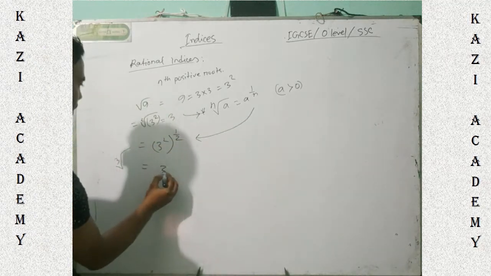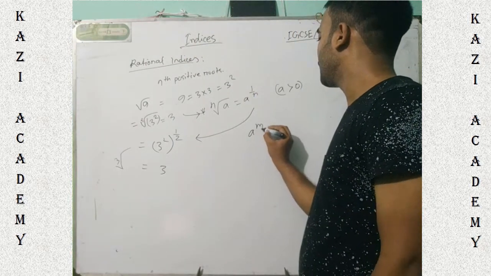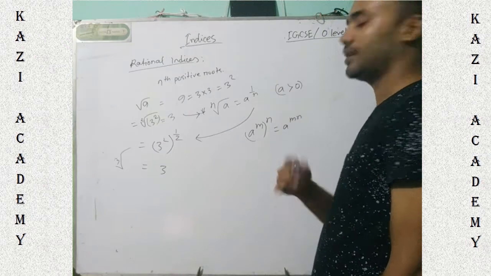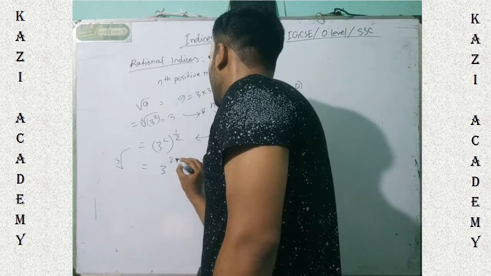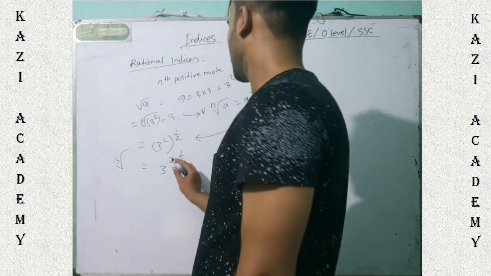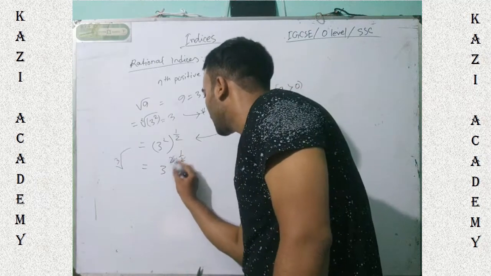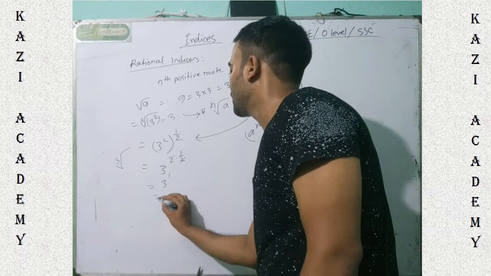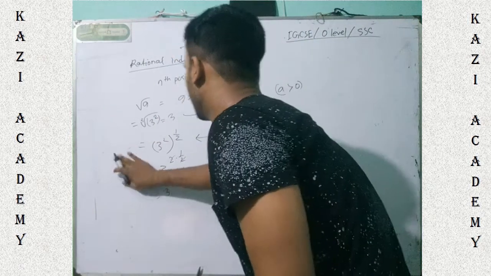Again, you know another formula, a to the power m to the power n equals a to the power m times n. That means power into power. So here 2 into 1 by 2. This 2 is in the middle position, this 2 is in the down part, that's why we can simplify them. So 3 to the power 1. 3 to the power 1 means 3. So as an answer, 3.